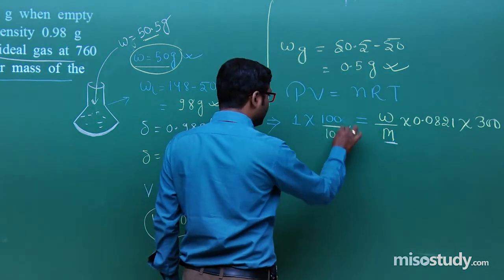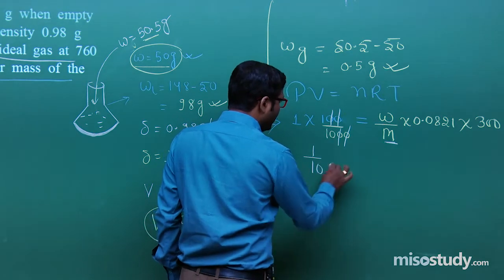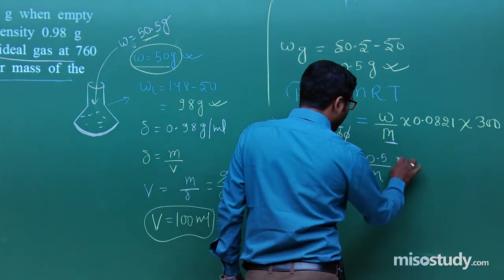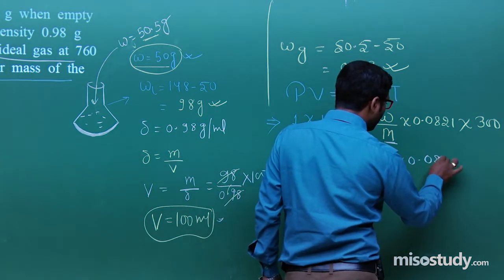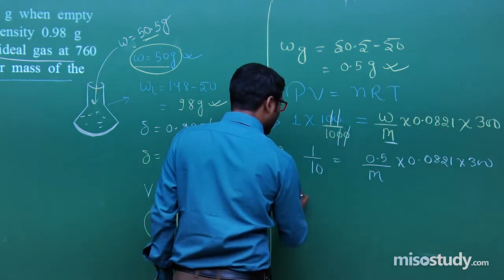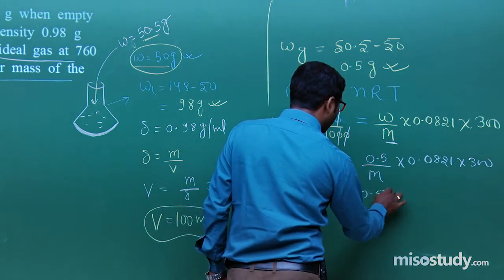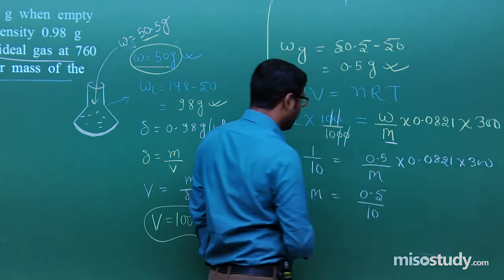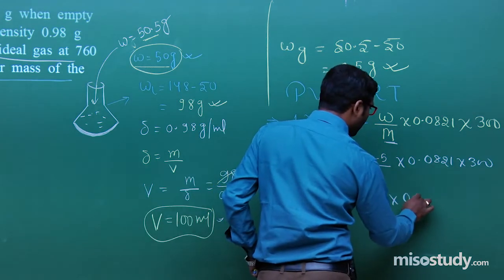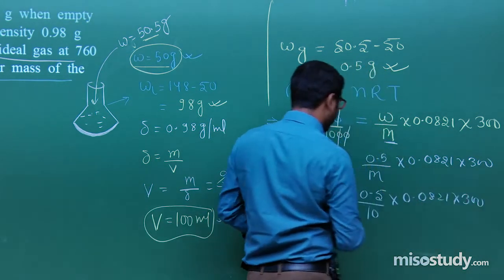What will happen? This will cancel this one. 1 upon 10 is equal to 0.5 upon M, multiplied by 0.0821 into 300. Clear, friend? Now M is equal to 0.5 upon 10, M cross multiplication into 0.0821 into 300.